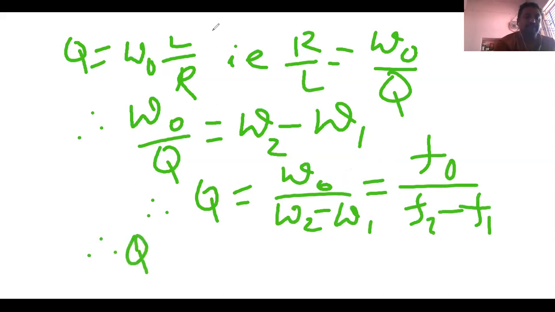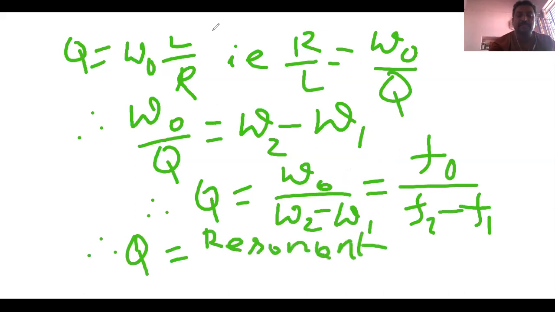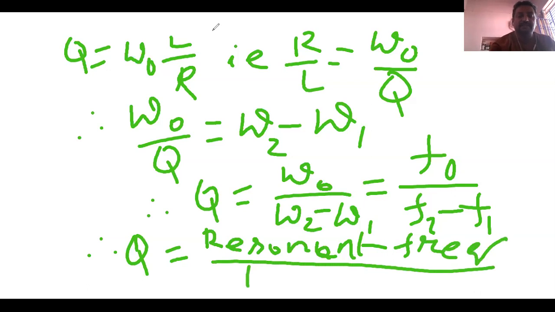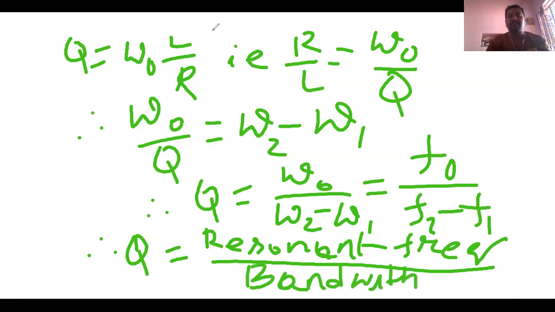Therefore, quality factor is the ratio of resonant frequency to bandwidth. So this is the quality factor. How many expressions are we getting for the quality factor?